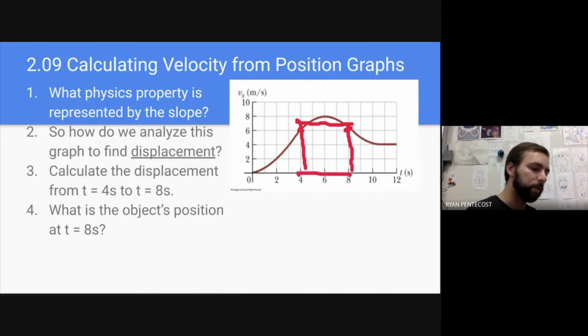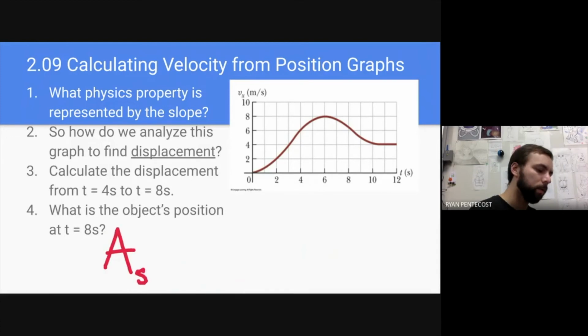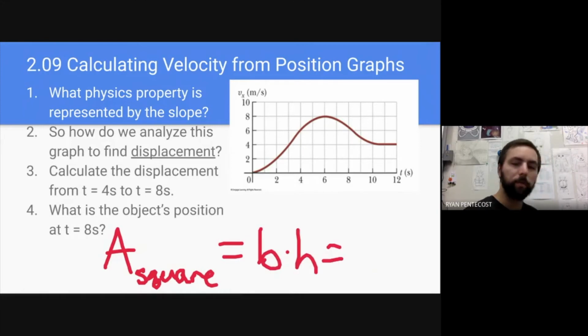The base, okay, area of the square, A of square. That is the base times the height, right? The base goes from 4 to 8. That's 4 seconds.